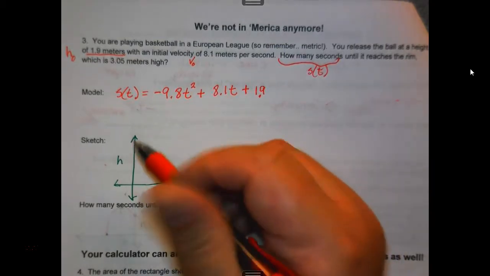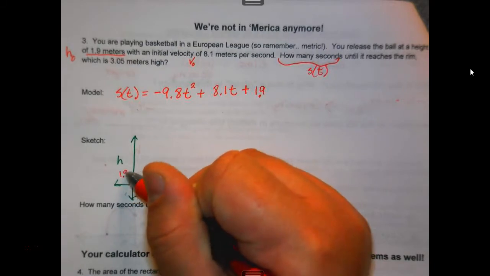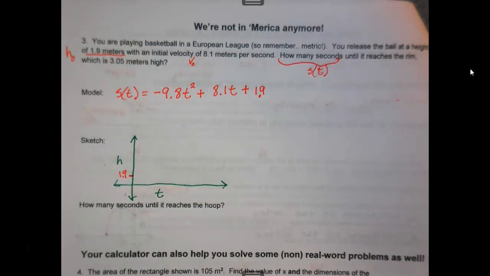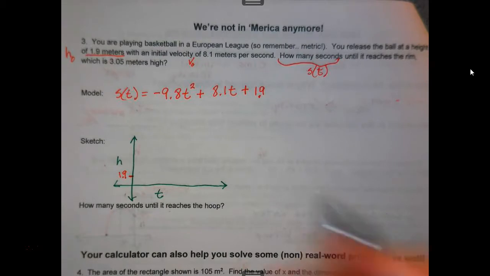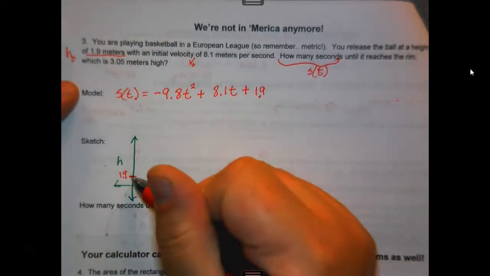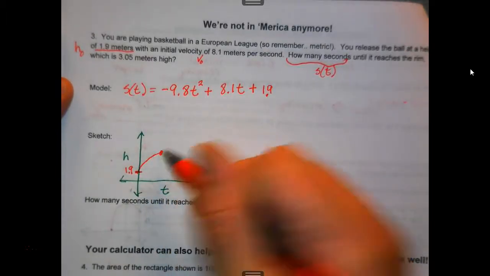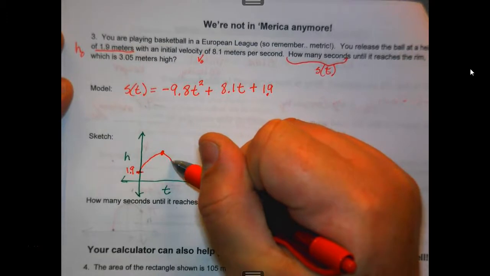Our initial height is 1.9 meters. What do you think that's representing? The guy's standing up, right? Ready to shoot. Okay, that's our initial height. So he shoots, bam, hits the rim, goes through, and it drops to the floor, right?